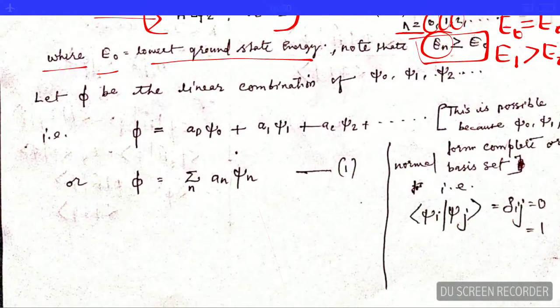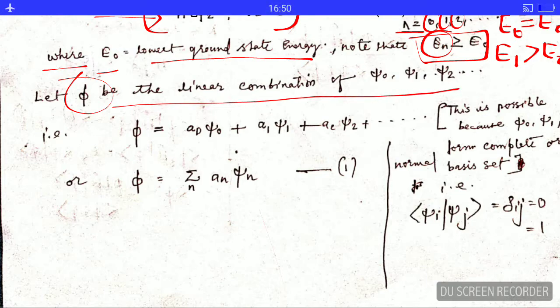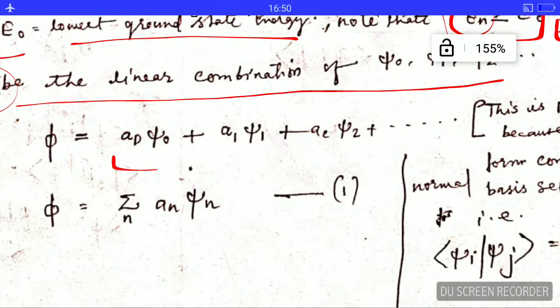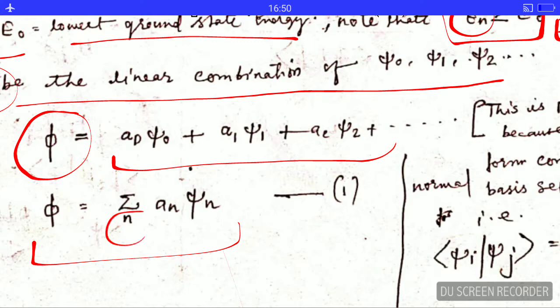Now let phi be the linear combination of psi 0, psi 1, psi 2 and so on. So this linear combination is written in the following form. In short, it can be written like this, where n runs from 0, 1, 2 up to infinity.